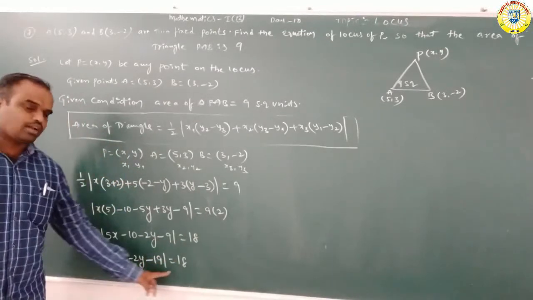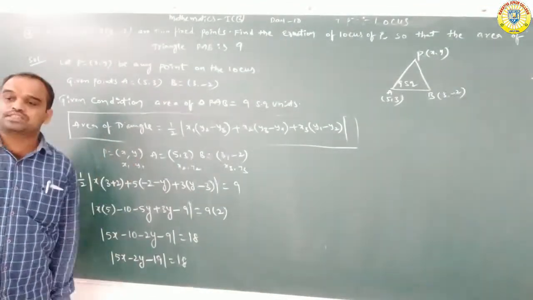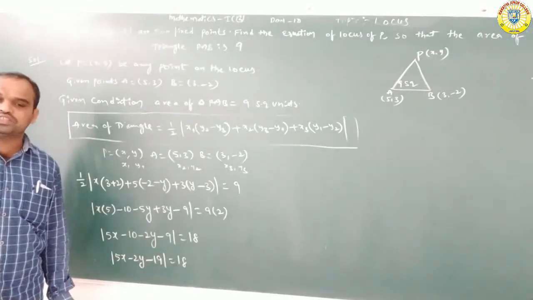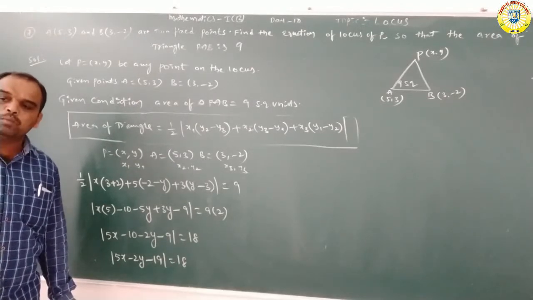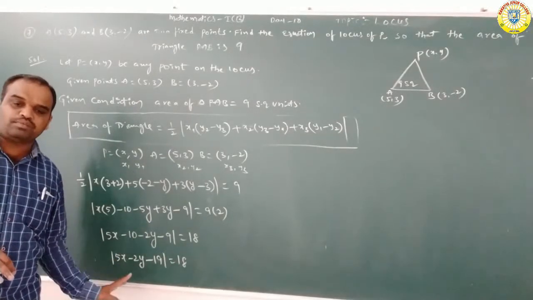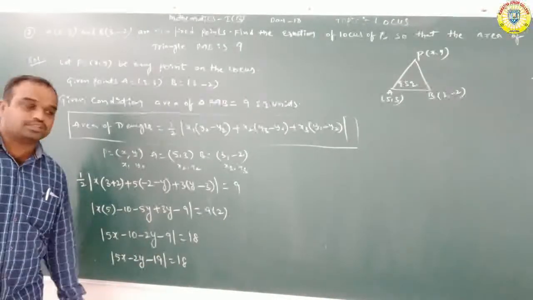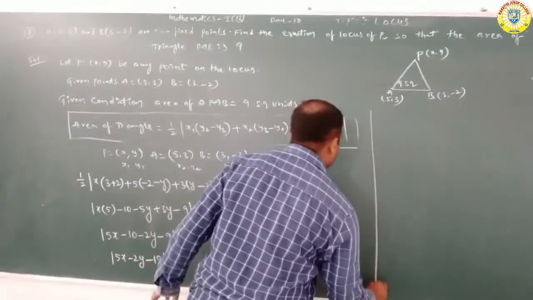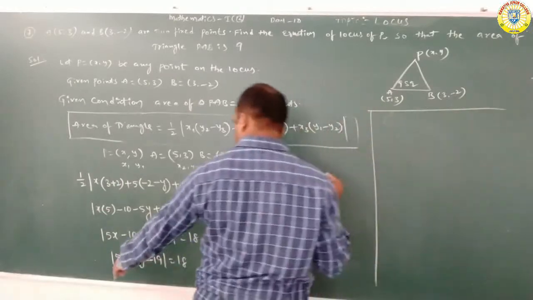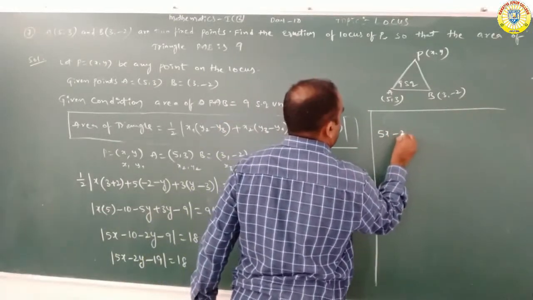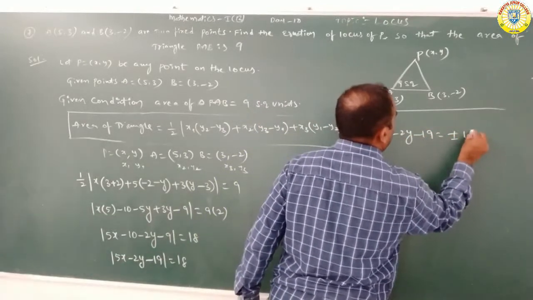Here the left side has a modulus. If we are eliminating the modulus, the right side must be plus or minus. Otherwise, if the left side has a modulus and the right side has a modulus, in that case only we do squaring on both sides. Otherwise, when only the left side has a modulus, we must apply plus or minus on the right hand side. Observe this: 5x minus 2y minus 19 is equal to plus or minus 18.